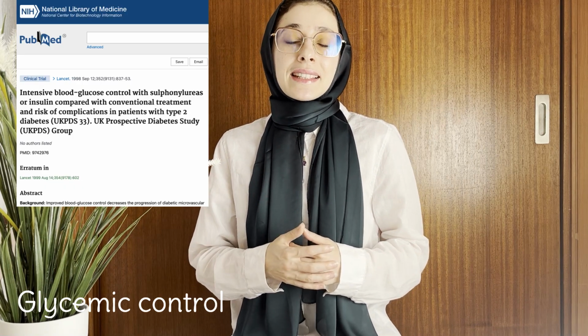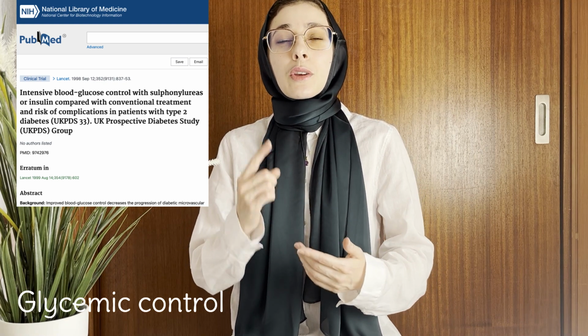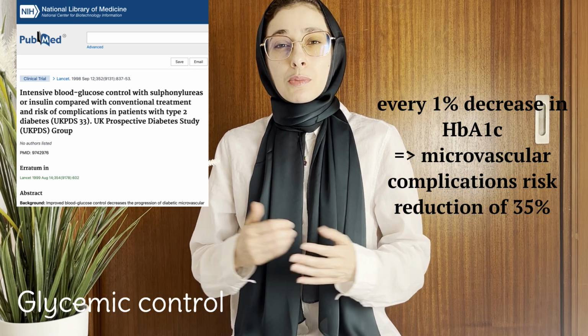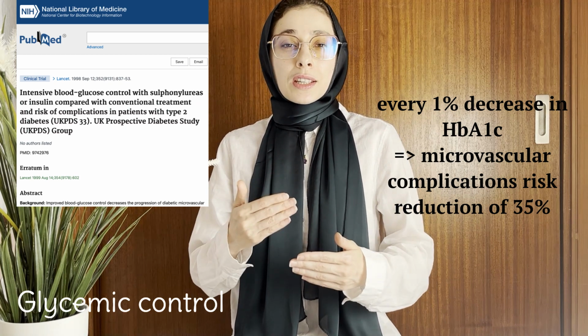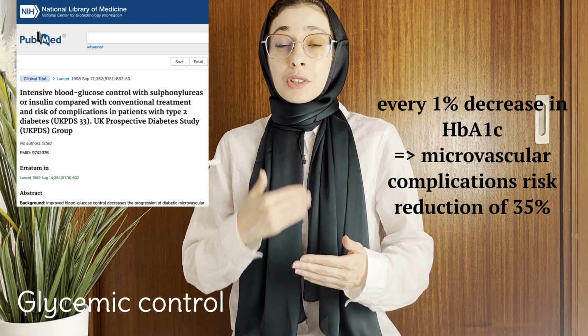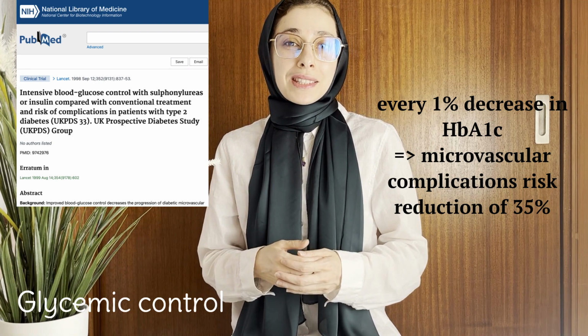So now let's talk about those famous large trials. The UKPDS demonstrated that each time HbA1c decreased by 1%, just 1%, let's say from 9% to 8%, the risk for microvascular complications was reduced by 35%.